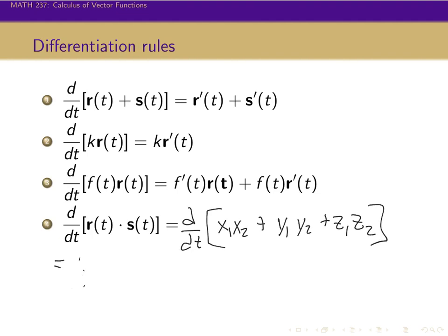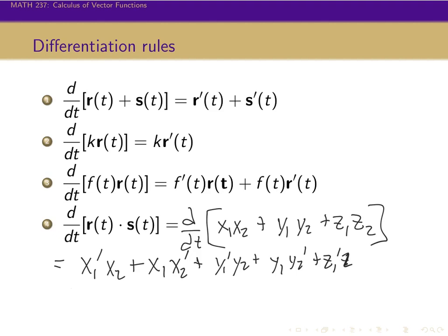And so we're going to have x1 prime x2 plus x1 x2 prime plus y1 prime y2 plus y1 y2 prime plus z1 prime z2 plus z1 z2 prime.